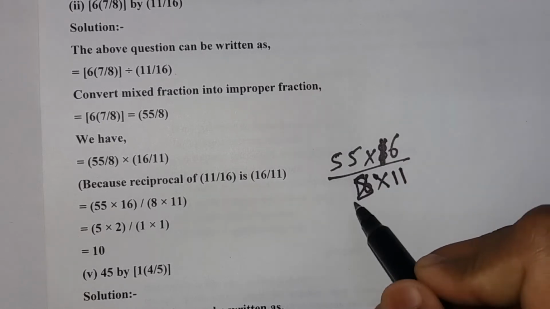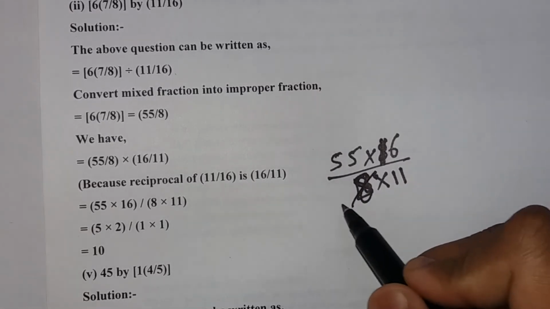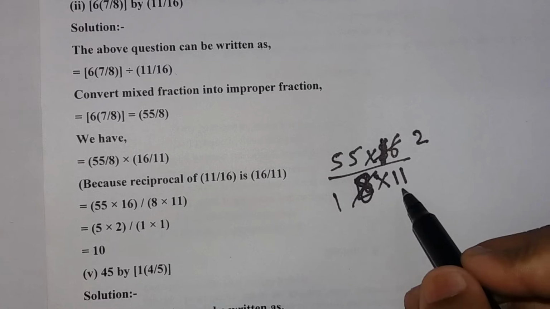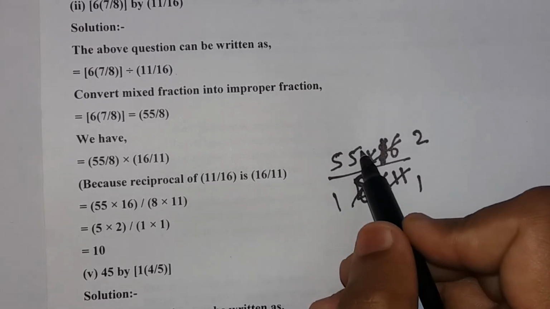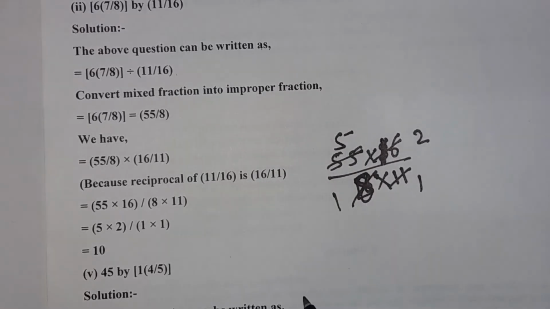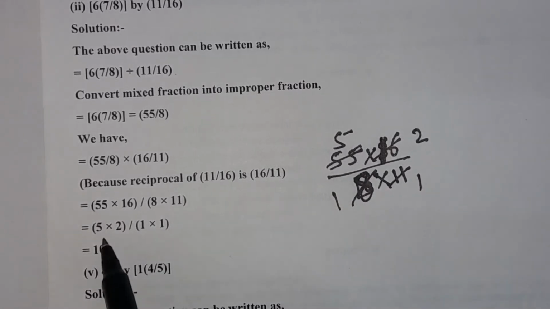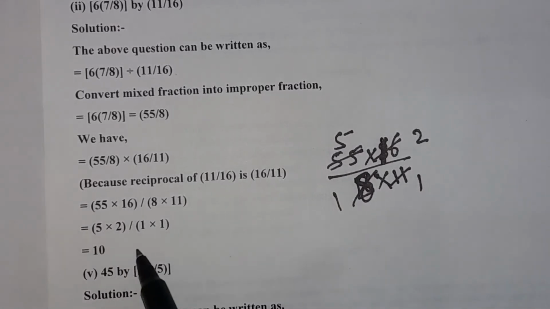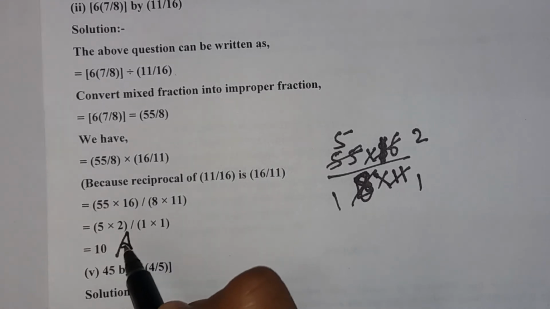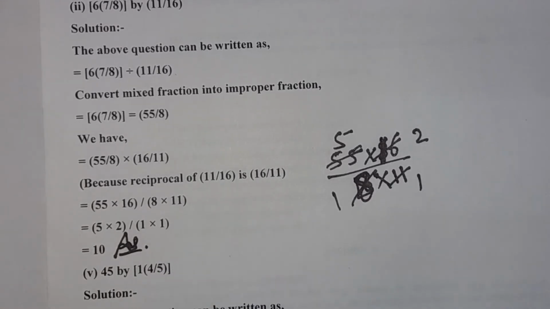By solving it, it will cancel by 1 time and it will cancel by 2 times, it will cancel by 1 time and it will cancel by 5 times. So it will become 5 into 2 divided by 1 into 1. So 5 into 2 will be 10 and 10 upon 1, it will be 10, the answer.